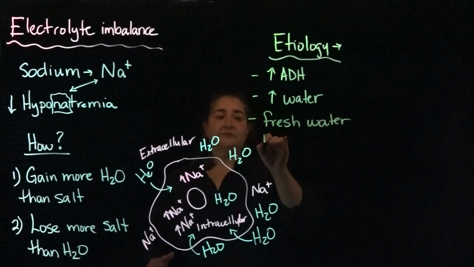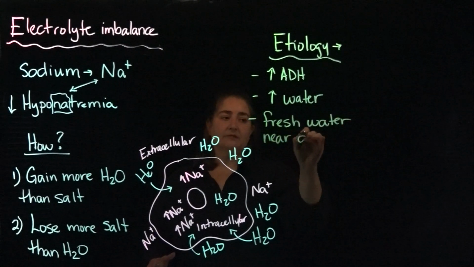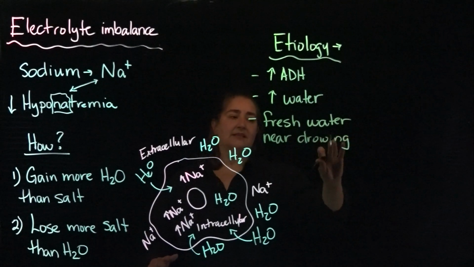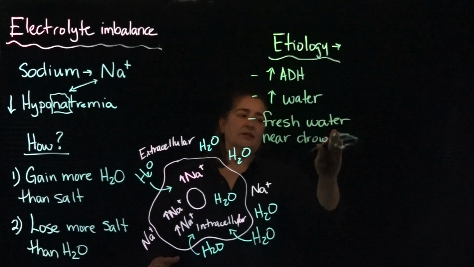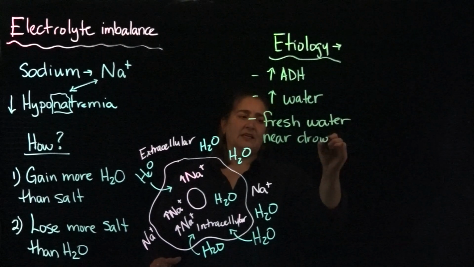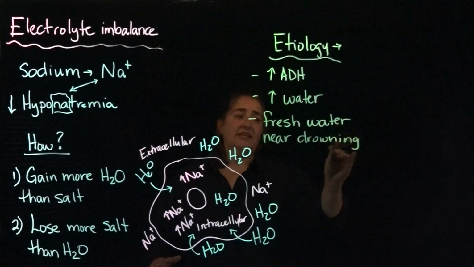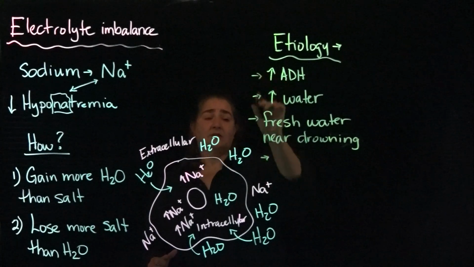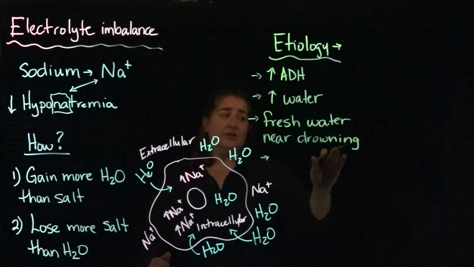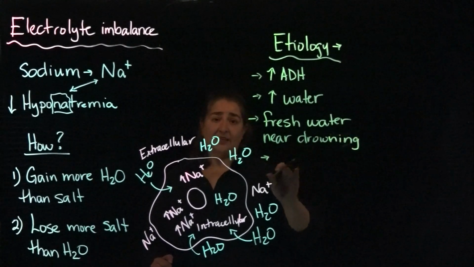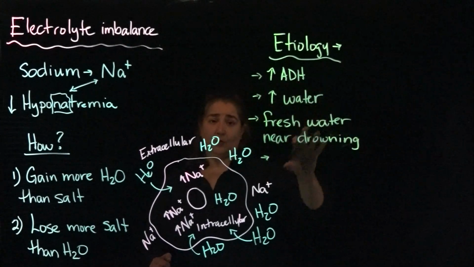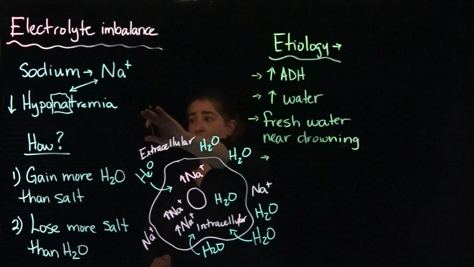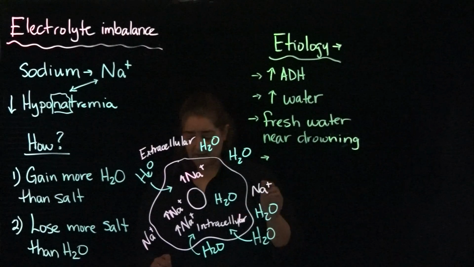Fresh water near drowning, because that fluid is taken in. And this is one of those things that can happen later, which is why drowning victims or near drowning victims need to be monitored, because the fluid they took in may take a bit before you see the clinical manifestations associated with hyponatremia.